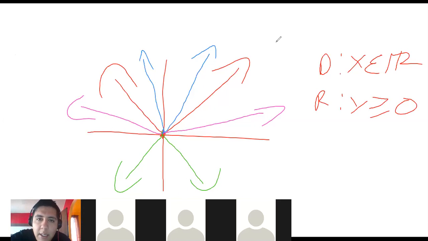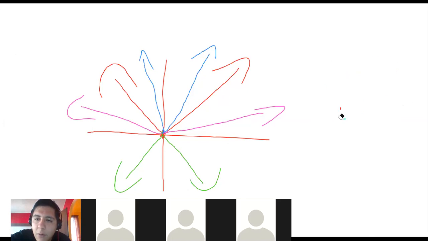But the opposite thing, right? Let me ask you this now. If we're reflecting across the x-axis, would our domain, range, and all that other stuff change?